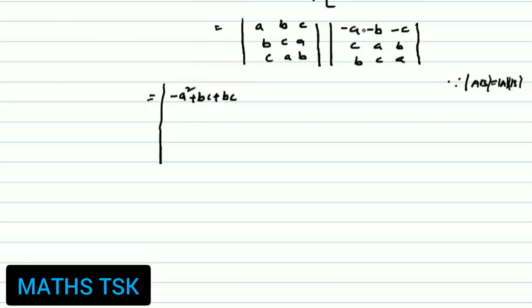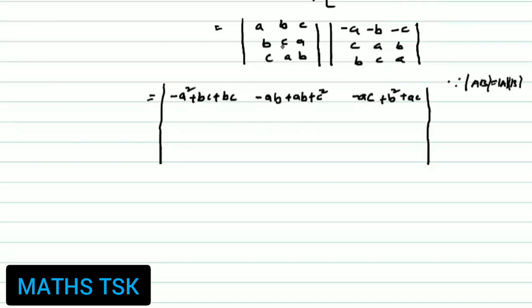Next row: minus AB and then plus AB plus C square. And then minus AC plus B square plus AC. So there is the determinant.